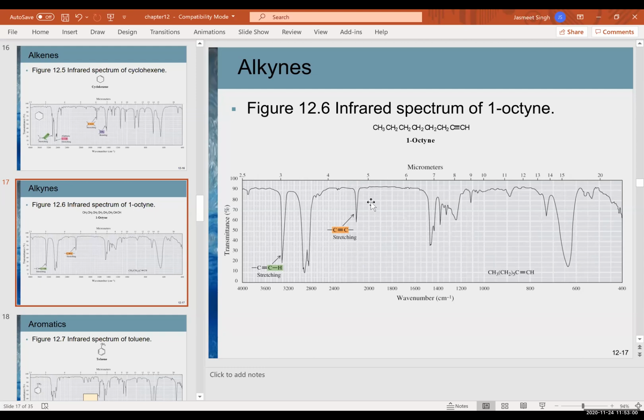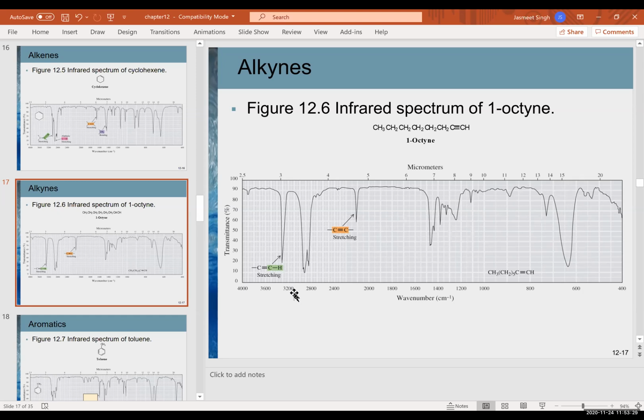Can we still know whether there is a triple bond present if we have an alkyne which is symmetrical? Yeah, we use the CH bonded to the C triple bond. Yes, you are correct. This will always be extremely intense because that polarity difference is enough.